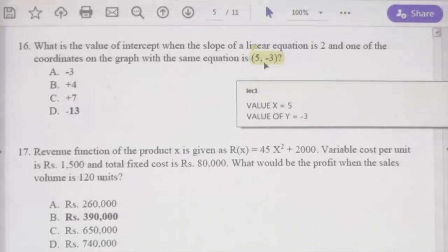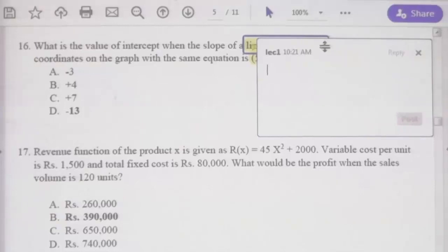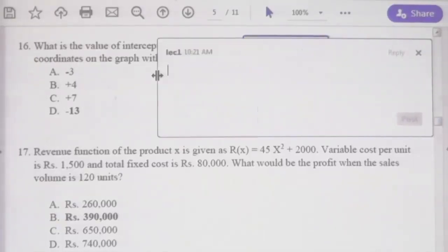Now, the slope is 2. This is the linear equation. What is a linear equation? You can present your linear equation like this: y equals a plus bx. What is this b?